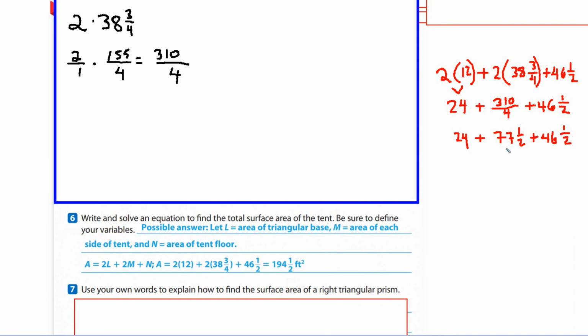Well, 77 plus 46 gives us 123. Plus a half and a half gives us a whole, so it's 124. And 124 plus 24 gives us 148 feet squared.